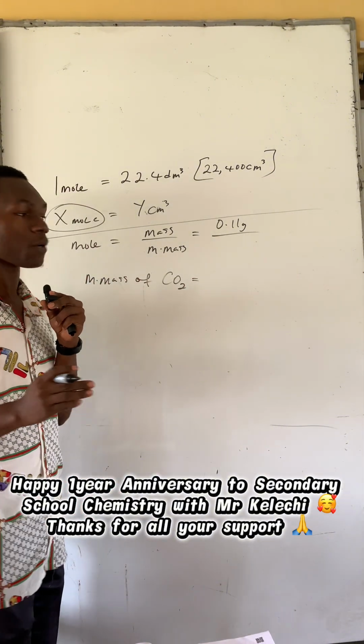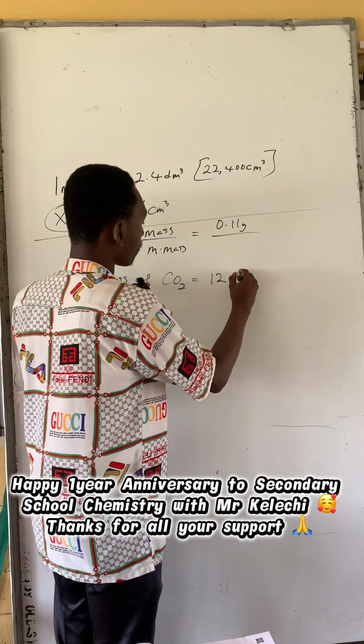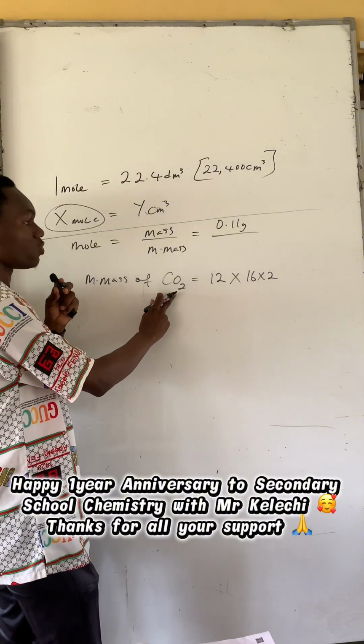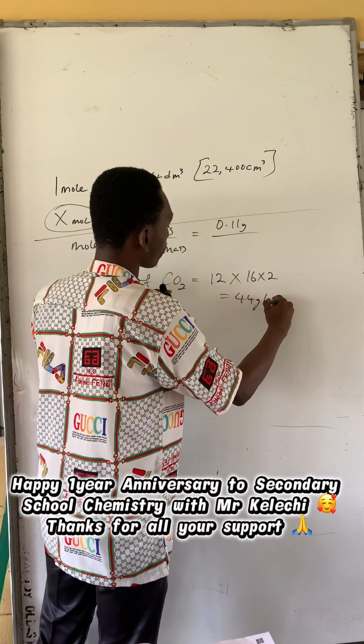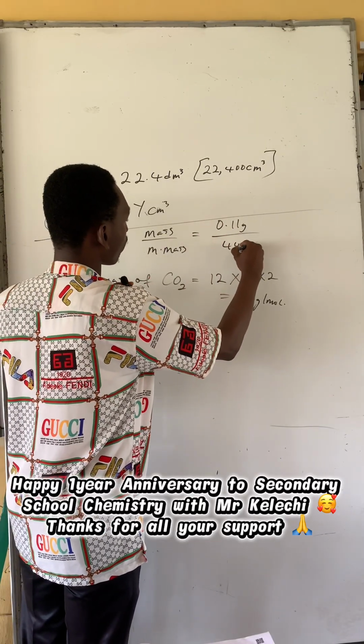Now, what's the molar mass of carbon dioxide? We know one atom of carbon contains 12 gram and oxygen is 16 times 2 because it appears twice here. And if we do that, that gives us 44 gram per mole. So the mass all over the molar mass, 44.